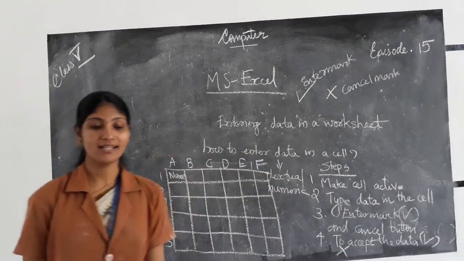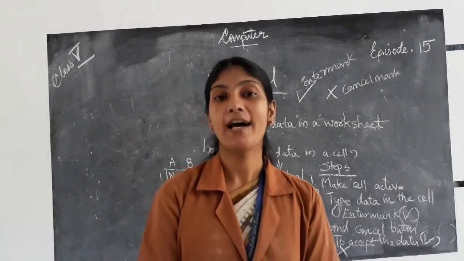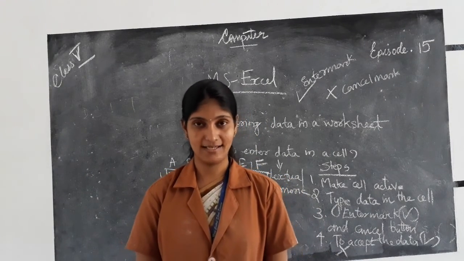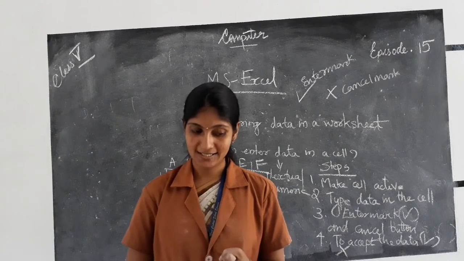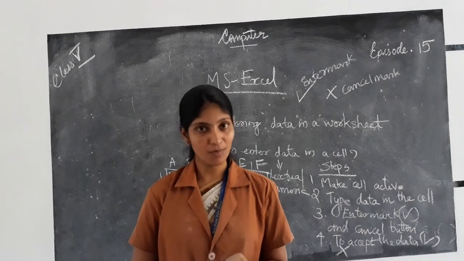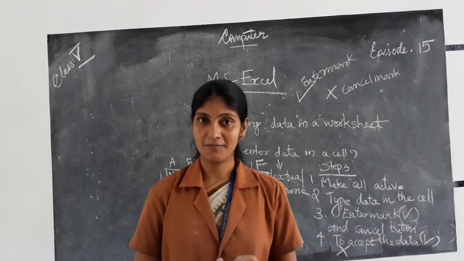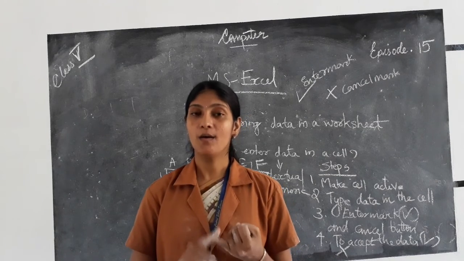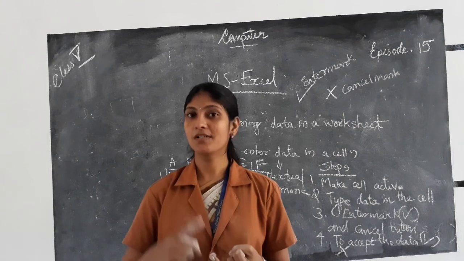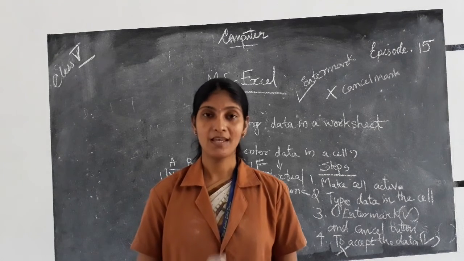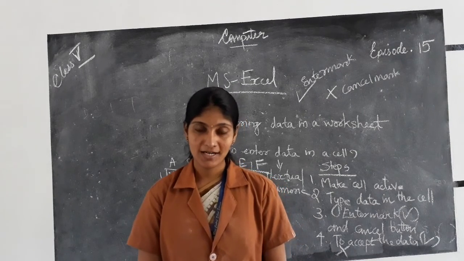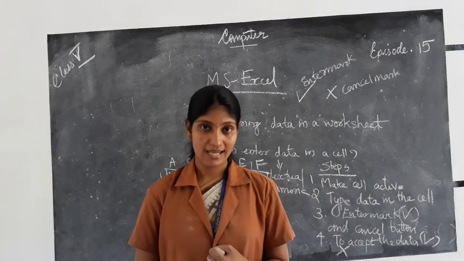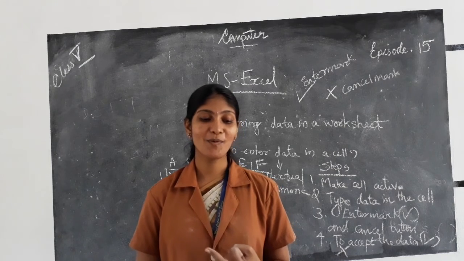So once again, what are the things we have discussed today? At first, we discussed the components of the Excel screen. What are the components? Title bar, which shows the name of the workbook. Second, the ribbon, which contains tabs like the home tab, insert tab, page layout tab, etc. Third, command button, fourth, cell pointer, fifth, name box, sixth, formula bar.